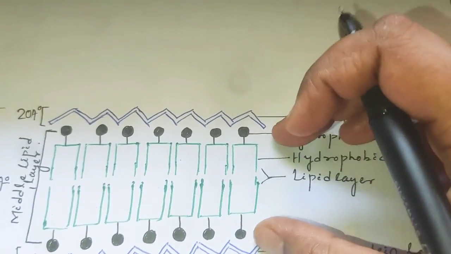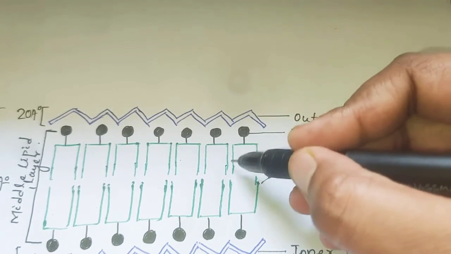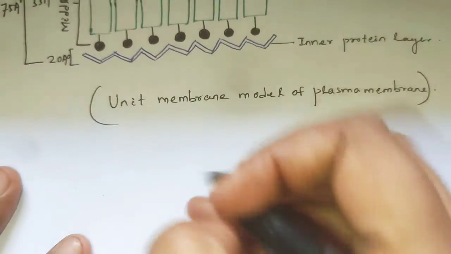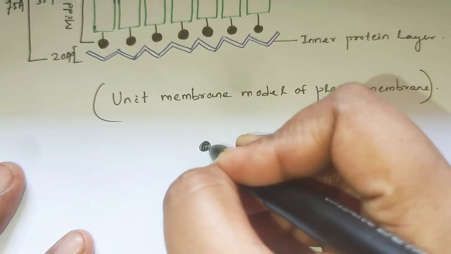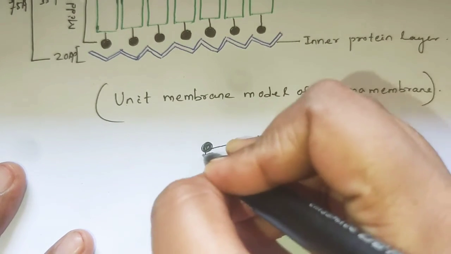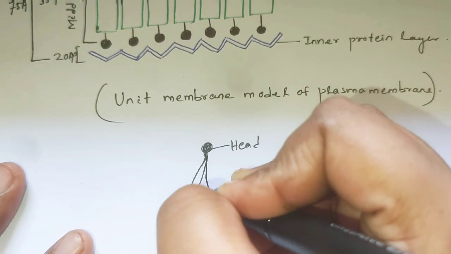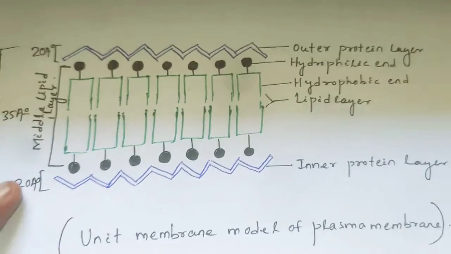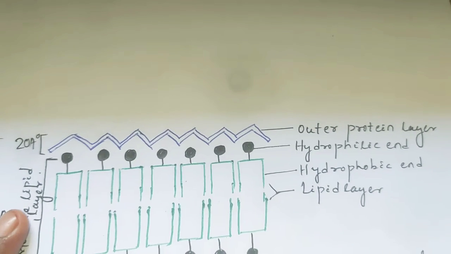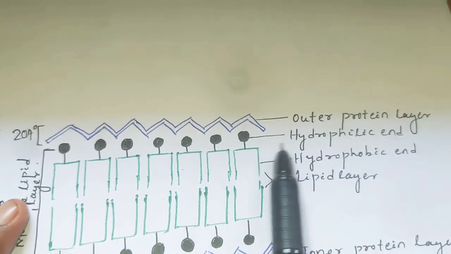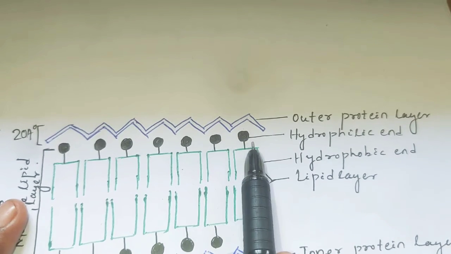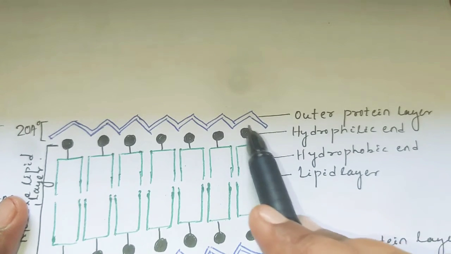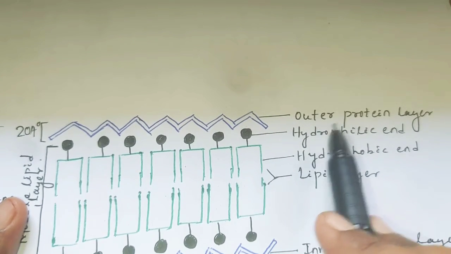The lipid layer is made up of head and tail. This one is the head, this one is the tail part. The head is known as the hydrophilic end. Hydro means water, philic means loving. That means this part is the water-loving end.